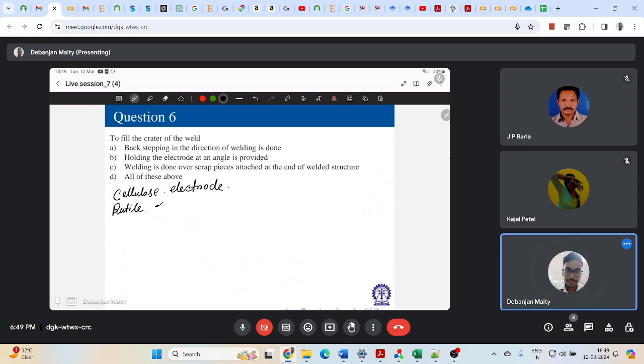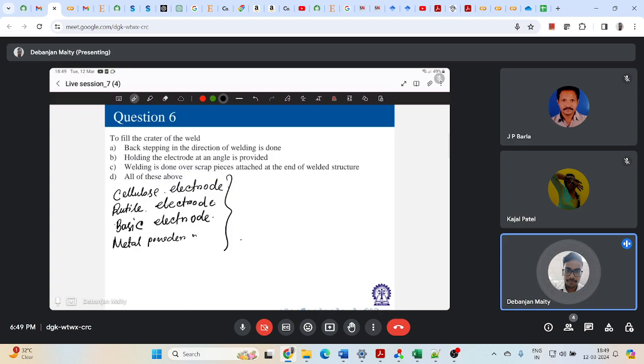Those different kinds of electrodes are there. So, let's say these are my four different electrodes, what we know as of now.